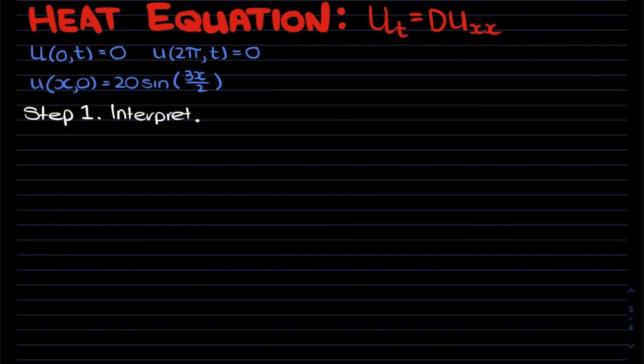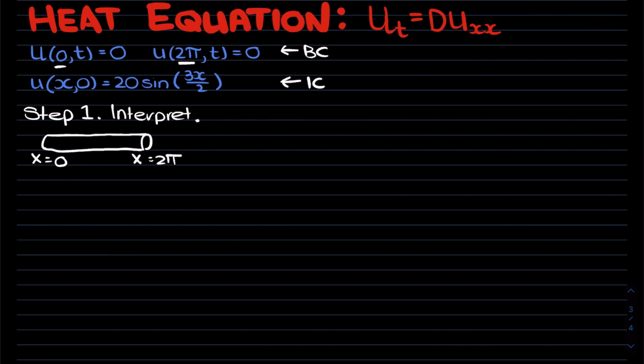So for the heat equation here, also known as the diffusion equation, we can pretend that we've got a solid metal rod with boundaries at x equals 0 and x equals 2 pi. So I'm just getting the 0 from up here and the 2 pi from here. So x goes from 0 to 2 pi. These, by the way, are our boundary conditions, and this is our one initial condition.